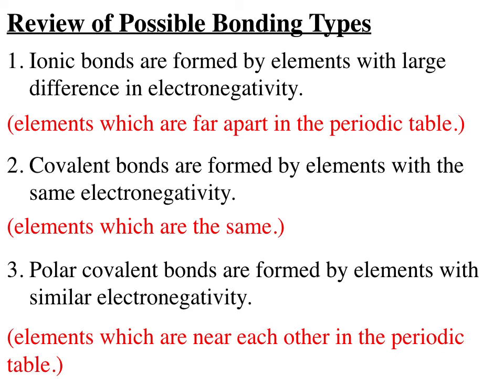Covalent bonds are formed by elements with the same electronegativity, literally meaning elements combining with themselves, most commonly nonmetal with nonmetal or metalloid with metalloid. And polar covalent bonds are formed by elements with similar electronegativity, meaning they are elements that are near each other in the periodic table. Typically, again, nonmetal with nonmetal, it's just nonmetal not bonded to itself.